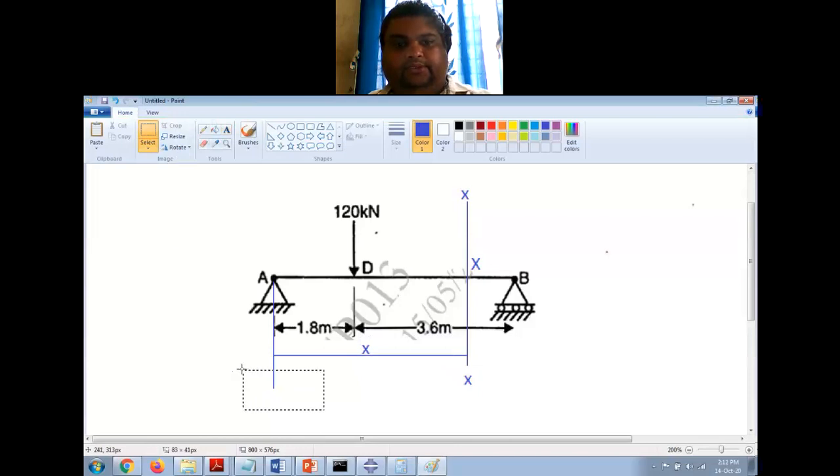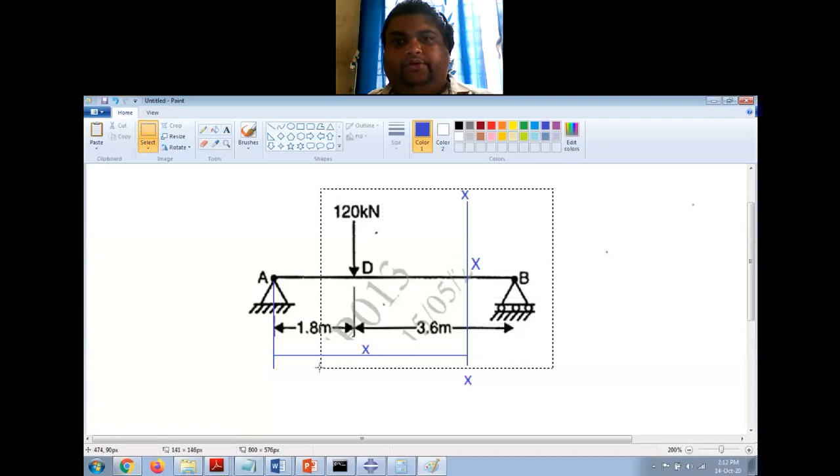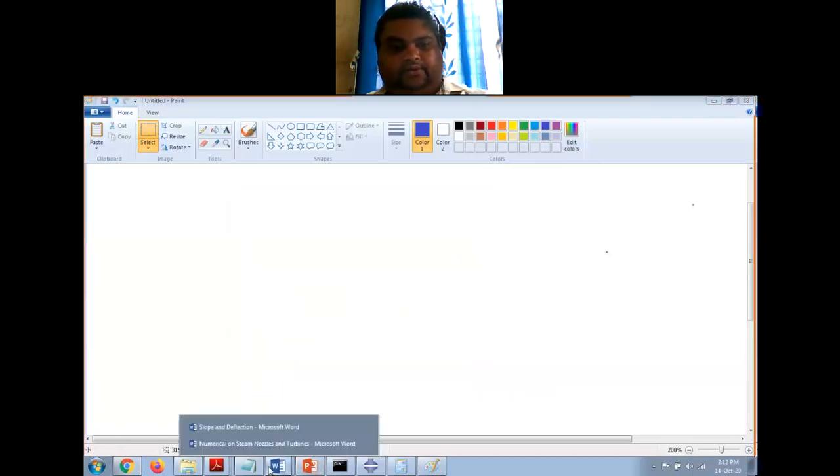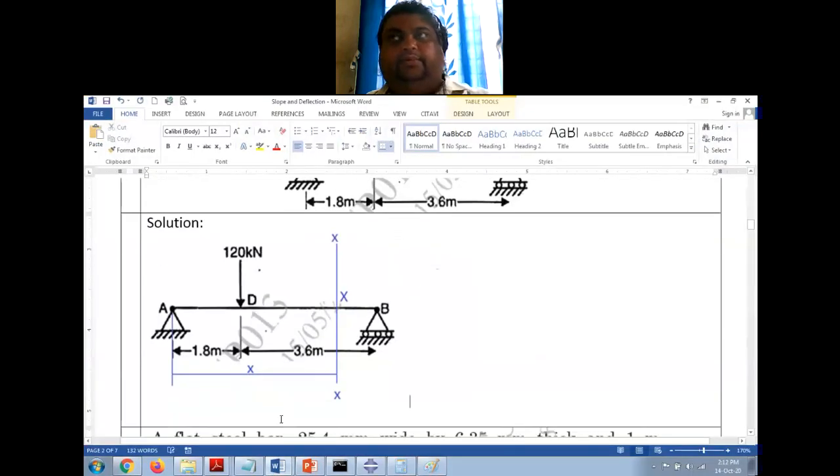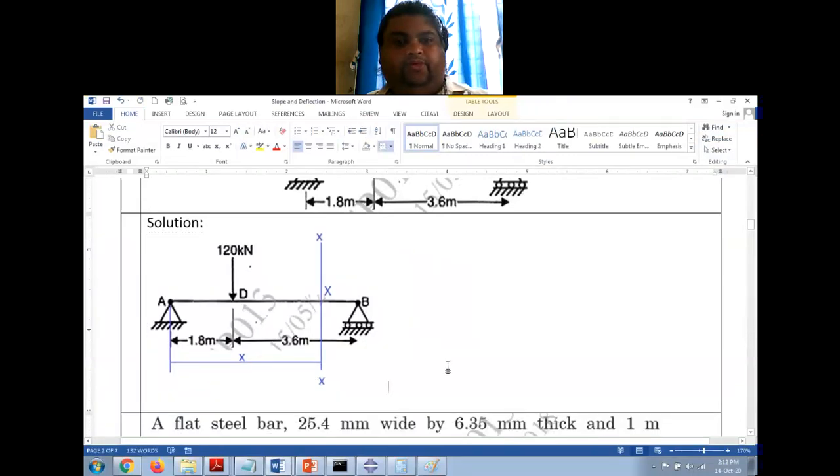Let me just take this diagram to my Word file. Okay, so this is my modified diagram.